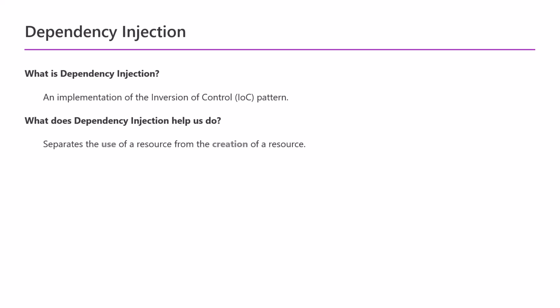So again, you're going to hear me use the broader term resource throughout the video. Now, if dependency injection helps us by separating the use of a resource from the creation of a resource in our code, then that begs a question: how does using a resource and creating a resource in our code pose a problem? So let's take a look at how things would be without dependency injection.